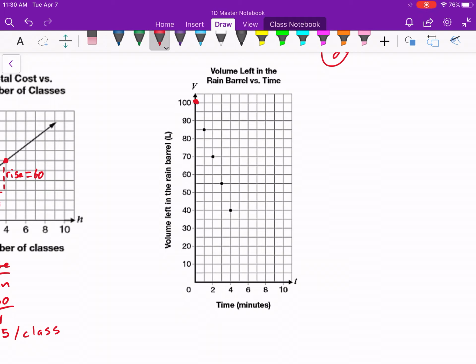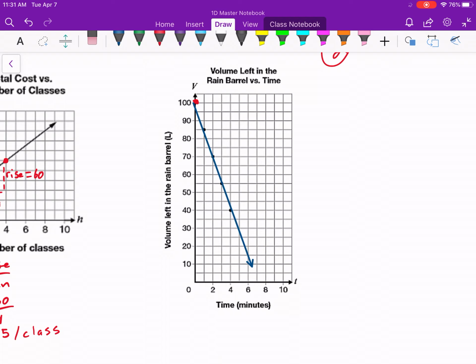Now I would say that it's going down at a constant rate. There's no line connecting it, but we certainly could, because volume and time are both continuous variables, and so we certainly could connect this with a line if we chose to, and I think I will, since we can.